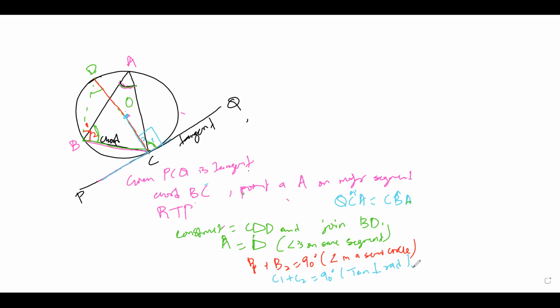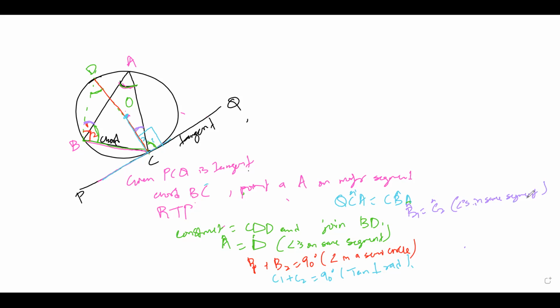Then, we did say these are on the same segment, but can you see that these ones are also on the same segment? They're also equal. So B1 is equal to C2 because those are angles in the same segment.